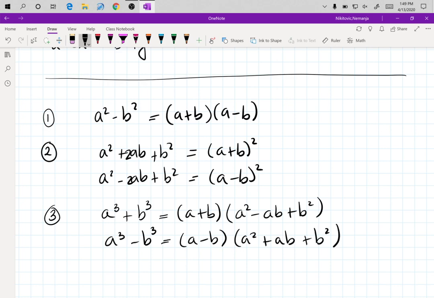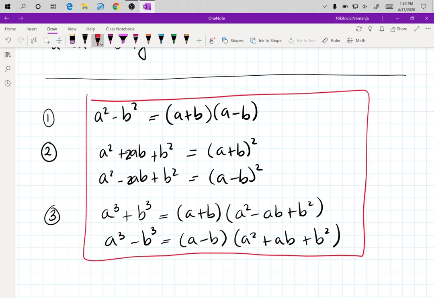So keep the sign, change the sign, always plus. Keep the sign, change the sign, always plus. So these are all of the formulas, in one spot from today's class on the special factoring.